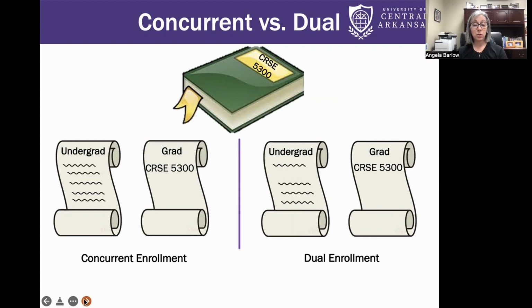So in dual enrollment, they can take the graduate level 5000 level course and then substitute it into the undergraduate degree so that it's applying to the undergraduate degree. So you can see, just looking at these images, this visual, in concurrent enrollment, the course is not counting in the undergraduate degree. In dual enrollment, it is counting in the undergraduate degree.